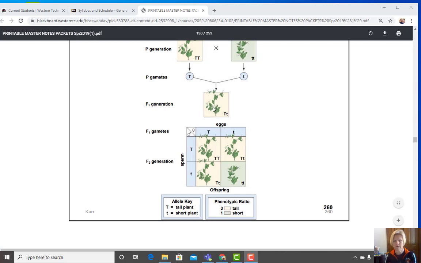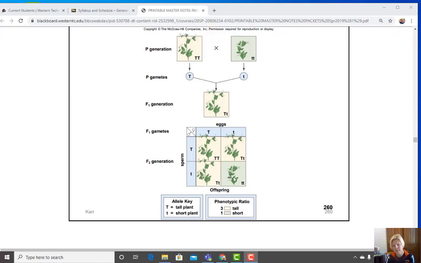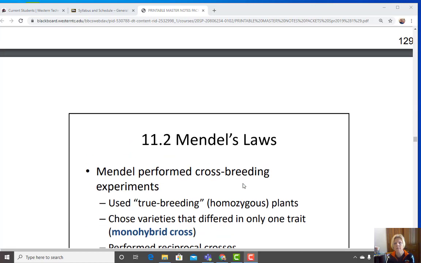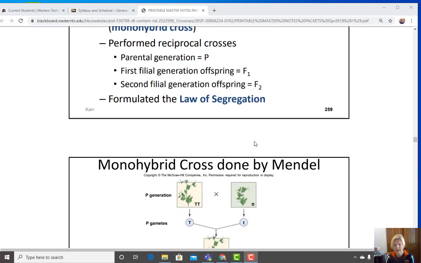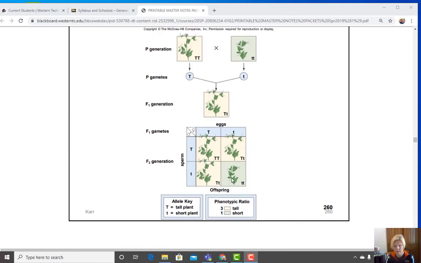So what we see now is we have 3 plants that have inherited the dominant allele and 1 plant that has 2 recessive alleles. Now going back to our chart, we know little t means that we're going to have a short plant. When I look at the phenotypes, which is what we see physically, what the plant looks like, we have 3 tall plants and 1 short plant.